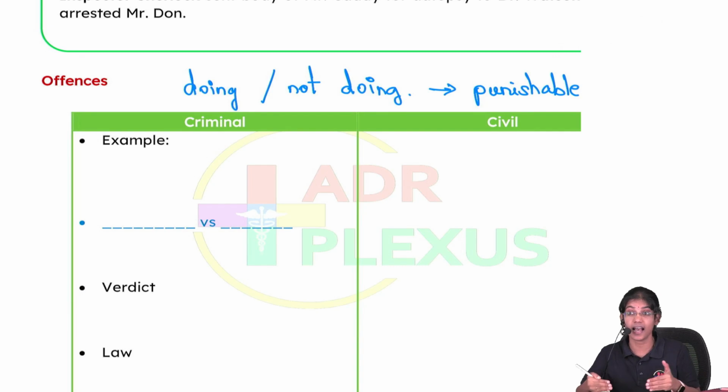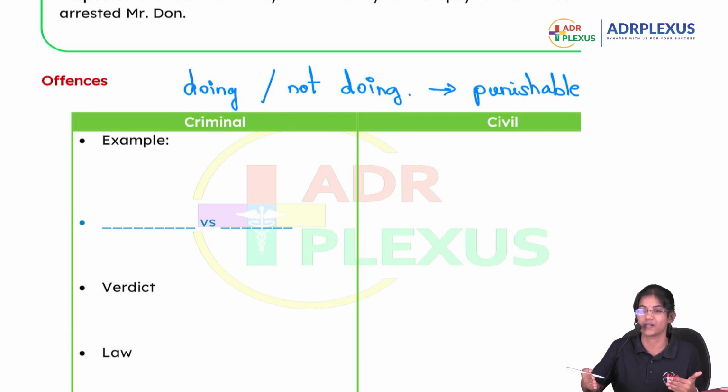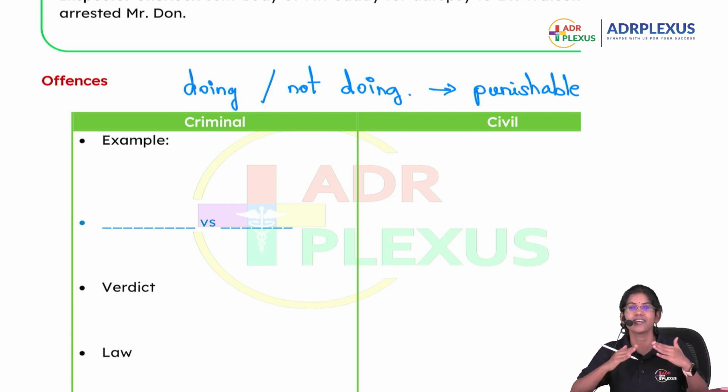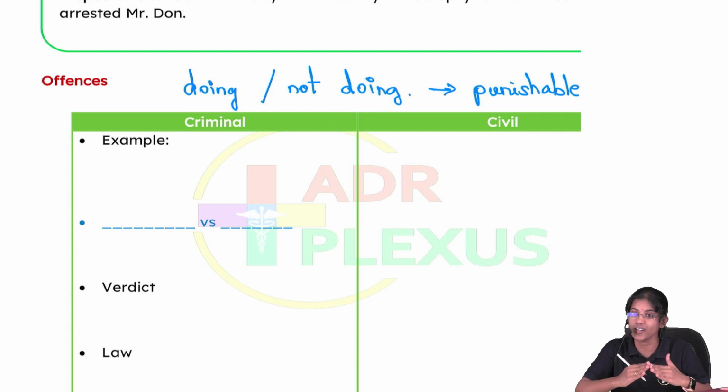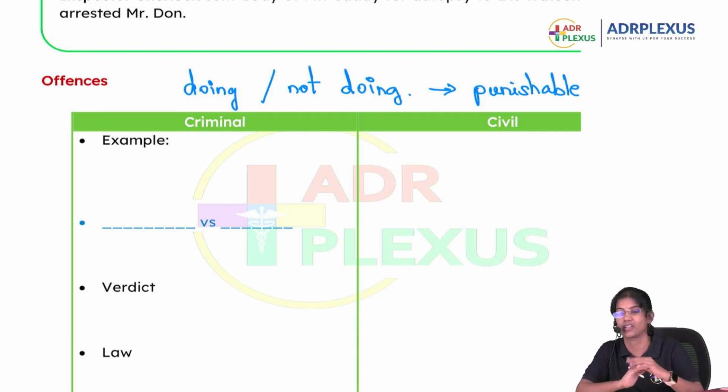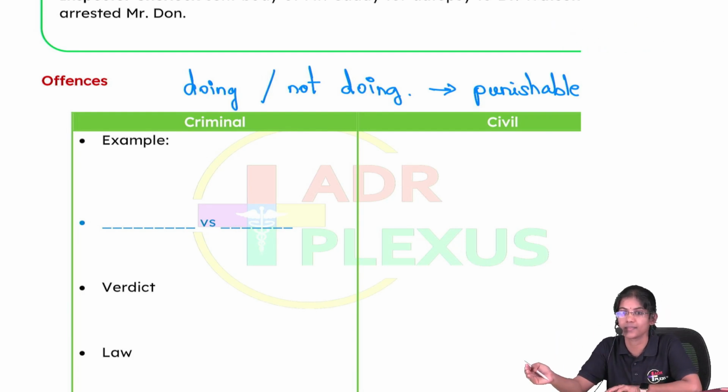So if there is an act which is not punishable by the law that's there currently in our country, then it's not an offense. So offense is anything that is an act that is done or an act that is not done, but it is punishable under law. That's when we call it offenses. Now there are two types of offenses. One is a civil offense, another we call the criminal offenses.